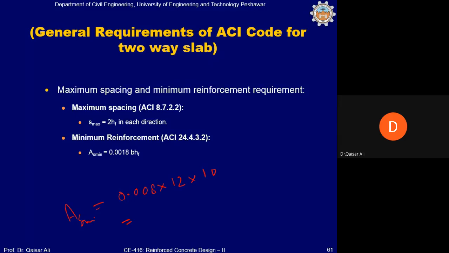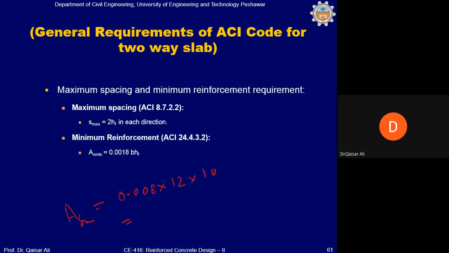At any other location, the area of steel can be less than this and the spacing can be more than that. Which means that for positive bending moments towards the end, if spacing is more than 20 inch, it is okay. And if area of steel is even less than this, it also is okay according to the ACI code requirement. These requirements are only for critical sections.